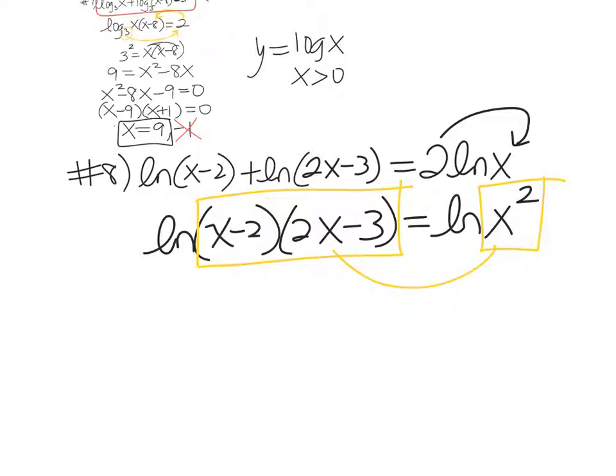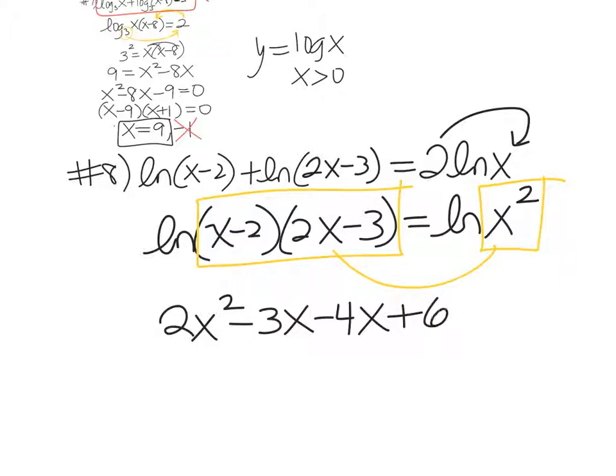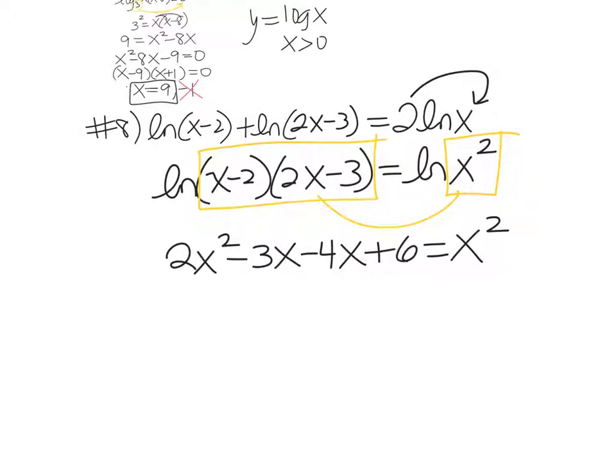So let's FOIL this out. We get 2x squared minus 3x minus 4x plus 6 equals x squared. Okay, we're solving a quadratic, so let's bring everything over to one side and simplify everything.